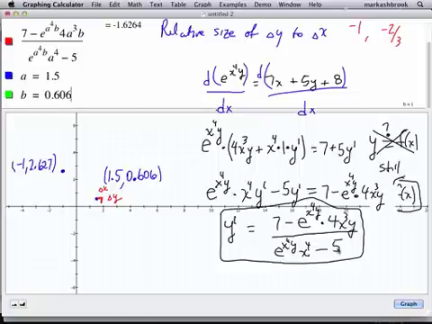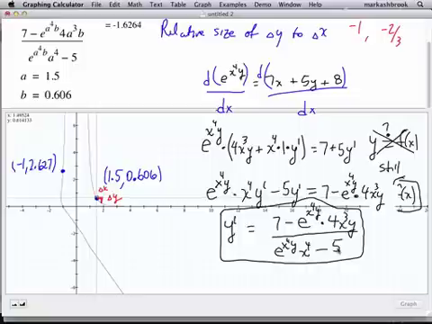We got everything right? I don't see any mistakes. 1.5, -1.606. Okay, so we were a little low. It's -1.6, meaning that the change in y is greater. So let's just go ahead and zoom in on that, and we'll see it a little better.